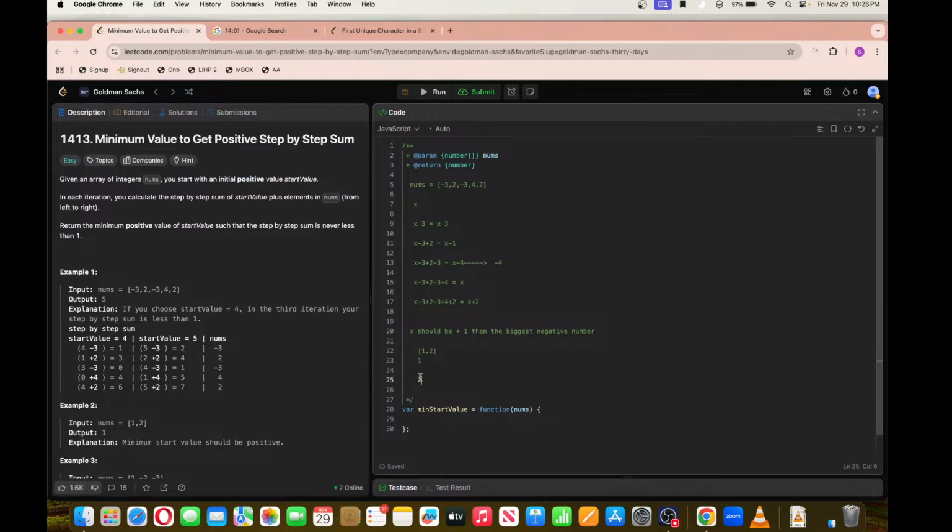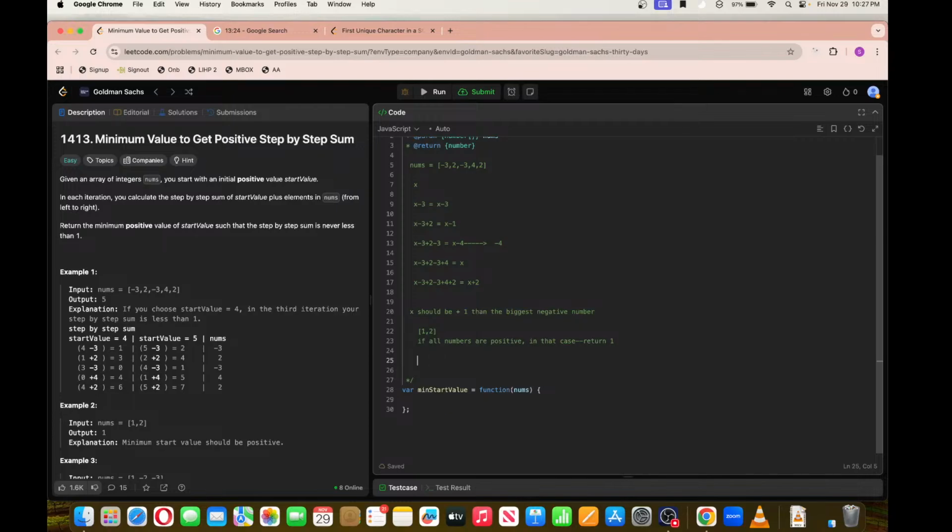If there is no negative number here, if all numbers are positive, then in that case I would return 1, because 1 is the minimum positive number.